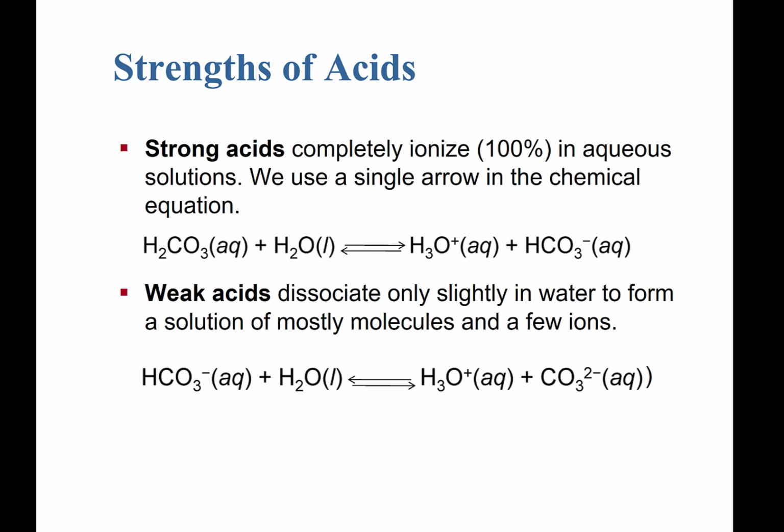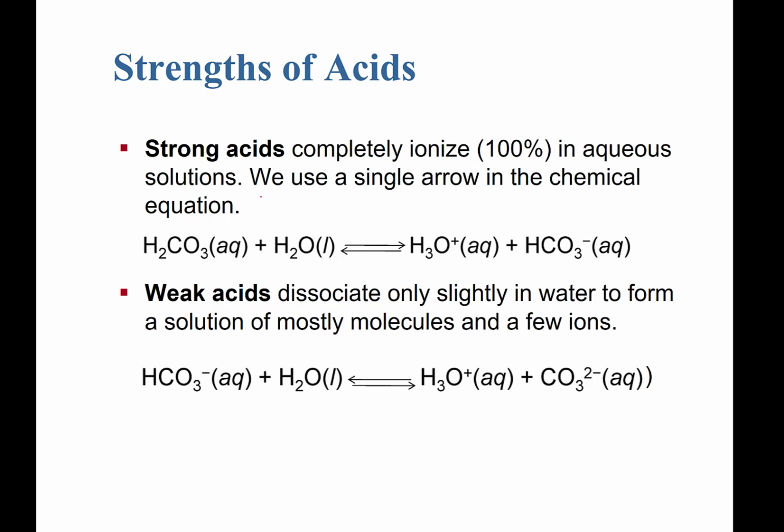All right, when we talk about strong acids and strong bases later on, a strong acid means it completely separates into ions. And we can tell that we have a strong one because it's going to have a single arrow. Now, both of these ones have a double arrow, so both of these would be weak.